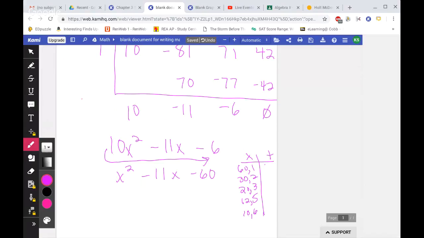What else? 15 and 4. And you're all over it because that's the one. Good job. Because I can take a negative 15 and combine it with a 4, and I'm going to get that negative 11 that I'm looking for. So I'll go back over here and I'll have x.